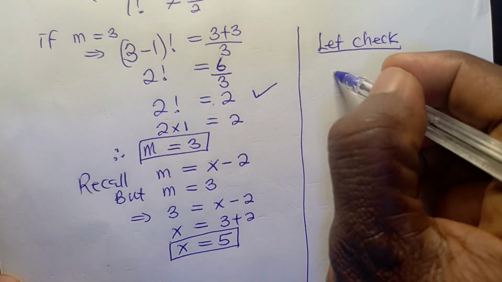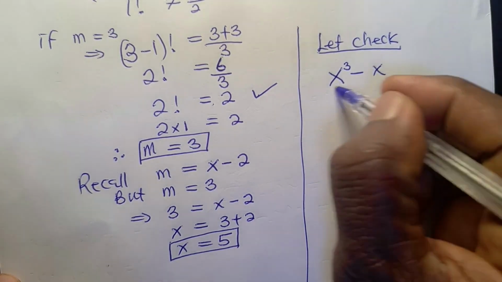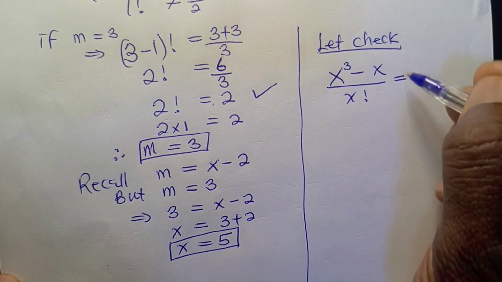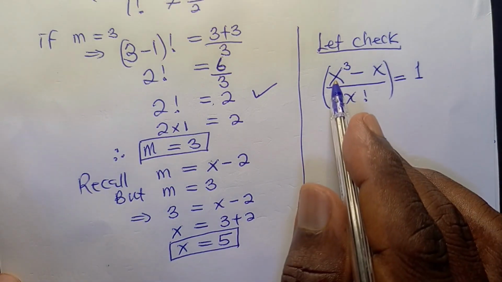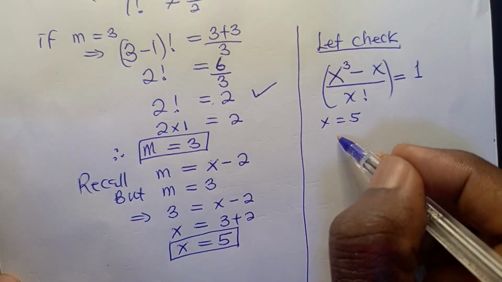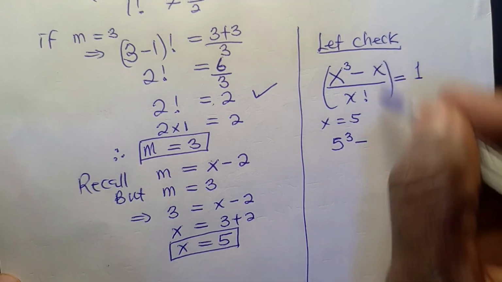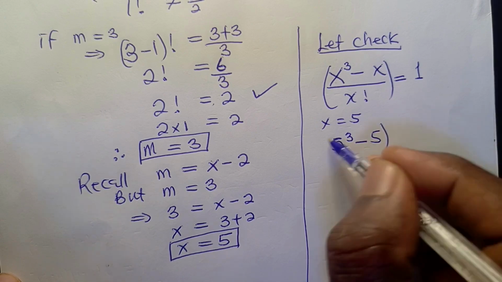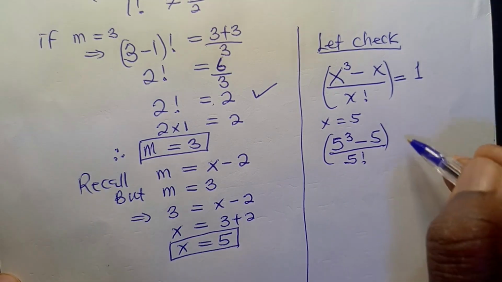We know that the equation was ((x cubed minus x) all over x factorial) squared equals 1. So we found x equals 5. So meaning we have (5 cubed minus 5) against 5 factorial equals 1.